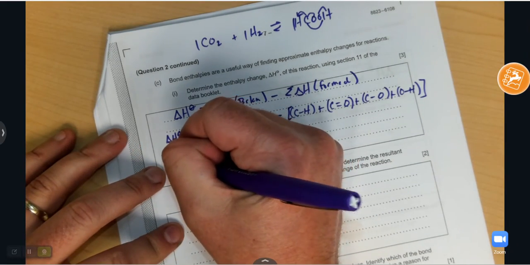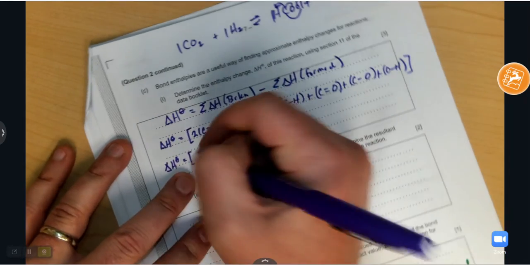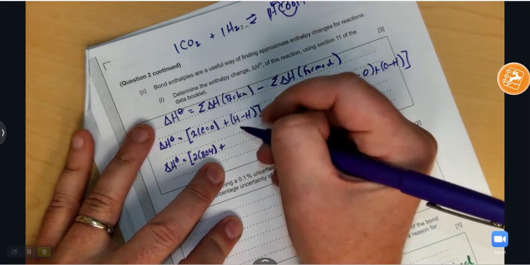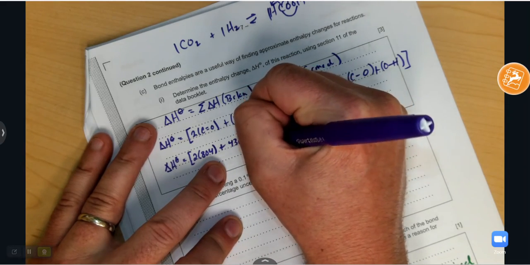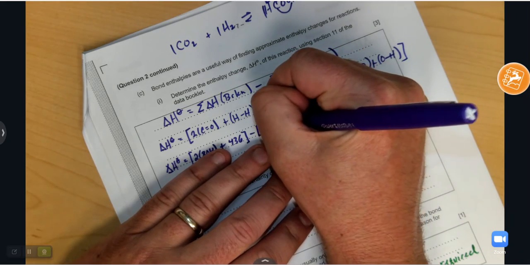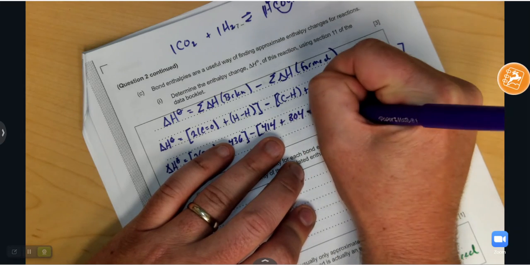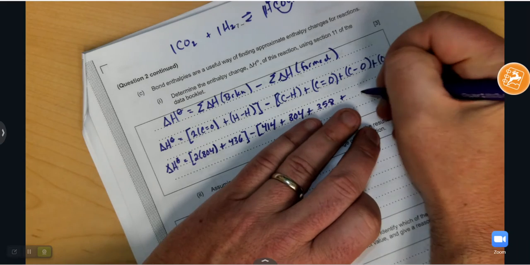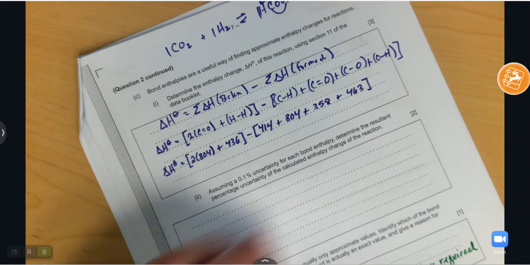Anywho, now all we got to do is look up these values in table 11 and substitute. So it's 2 times C double bond O, that's 2 times 804, which is the bond enthalpy for the carbon-oxygen double bond, plus 436 for the hydrogen-hydrogen bond, minus 414 for that carbon-hydrogen, plus 804 for that carbon-oxygen double, plus 358 for the carbon-oxygen single, plus 463 for the OH.